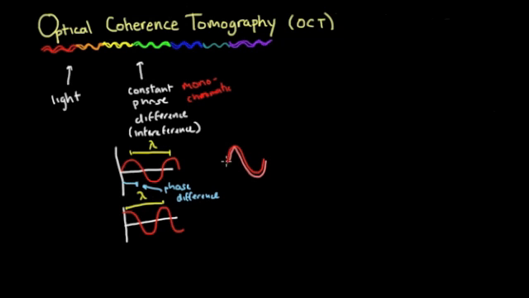So these waves are in phase, and so they would interfere constructively. So you would get this sort of extended shape here. I'm going to put down a couple words: in phase, constructive.